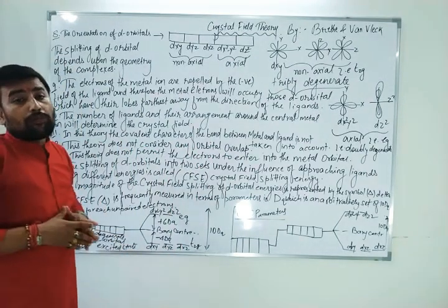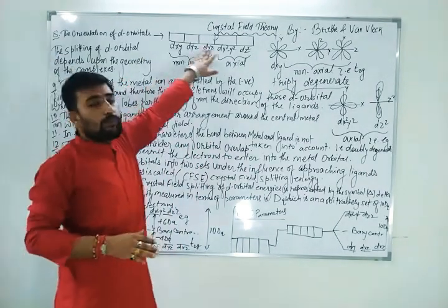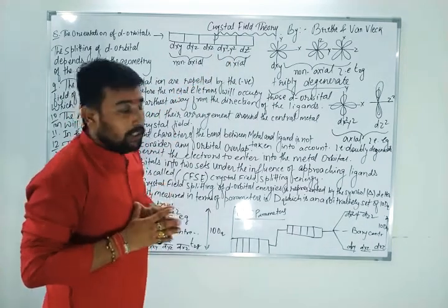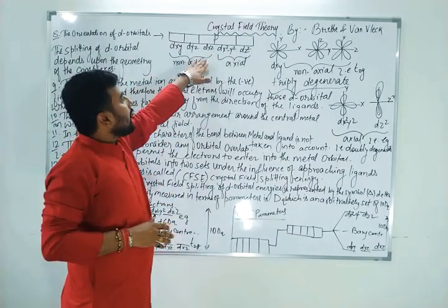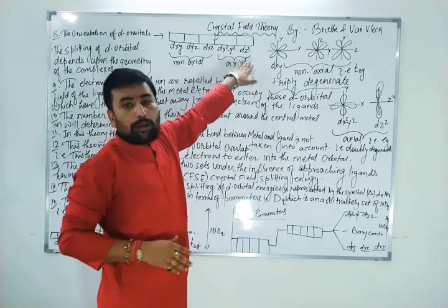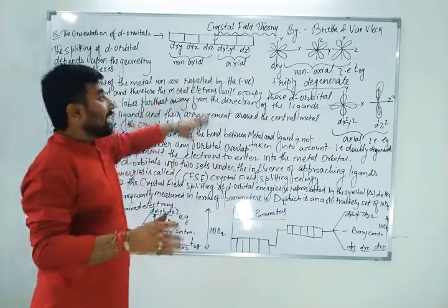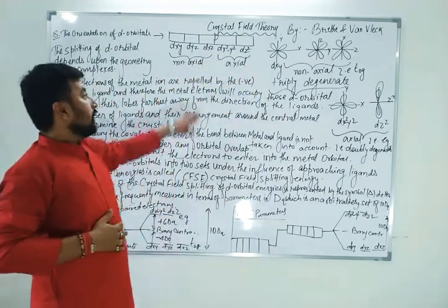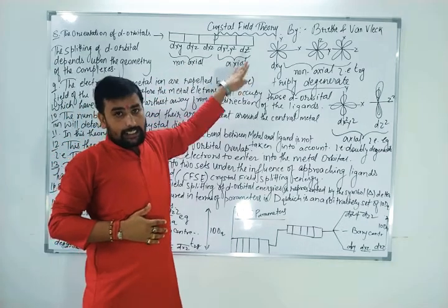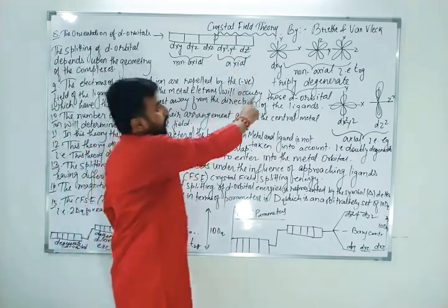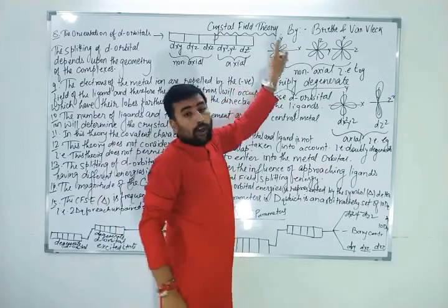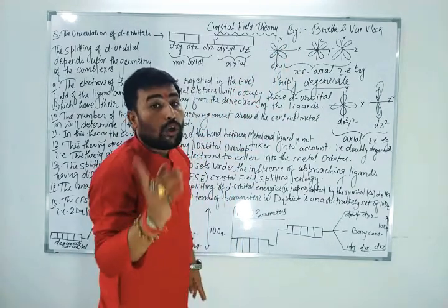The orientation of the d orbitals. All of us know that there are 5 d orbitals: dxy, dyz, dxz, dx square minus y square and dz square. These are divided into two parts, non-axial and axial. Non-axial means these orbitals are not oriented along the axes.